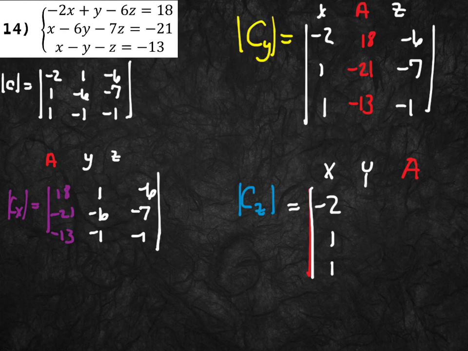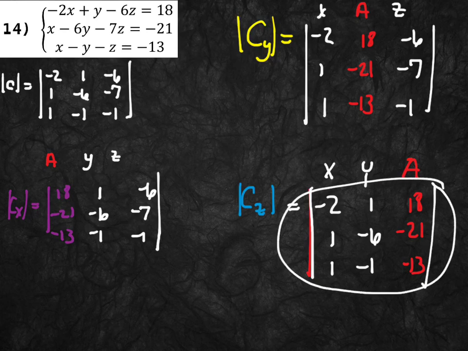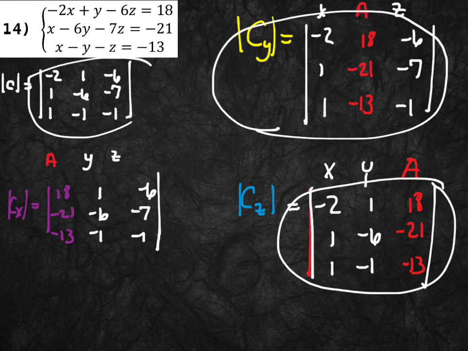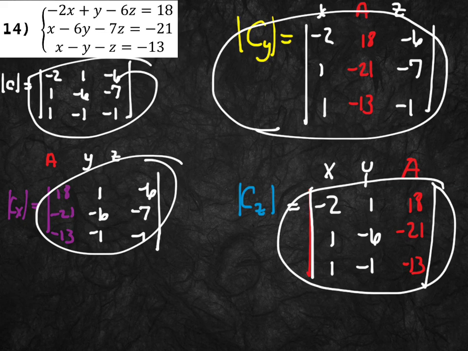Your y's were 1, negative 6, negative 1. And then your z's are going to be replaced with the answers, which are 18, negative 21, and negative 13. You do not have to solve this. You're just setting up the matrices. So these are your 4 different matrices, and it's all you're having to do in this problem. Do not go to the part where you have a solution. You're just setting it up.